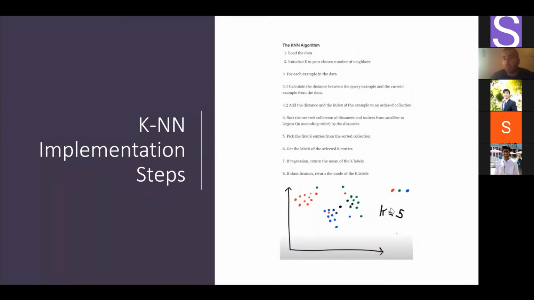But as you increase the number of closest neighbors, K, it'll start to look at all of these data points. So let's say if I do 9, it'll look at these 5, but say the next closest points are red, red, red, red.